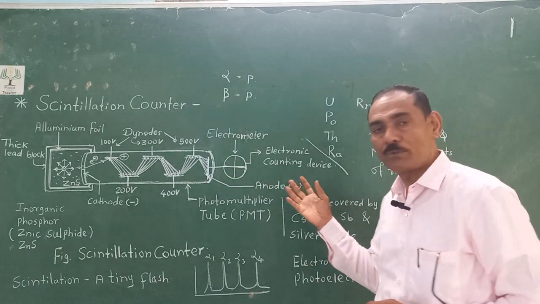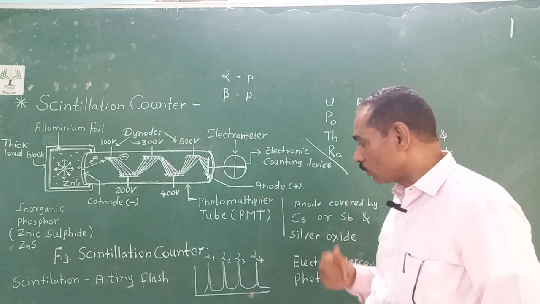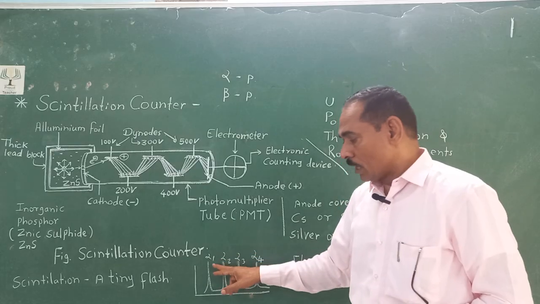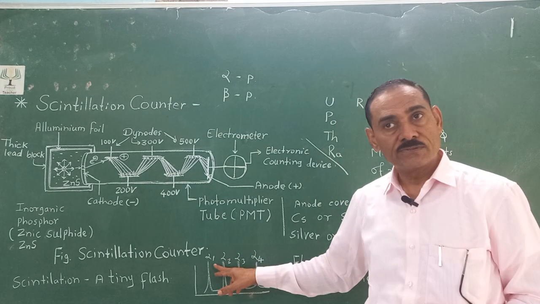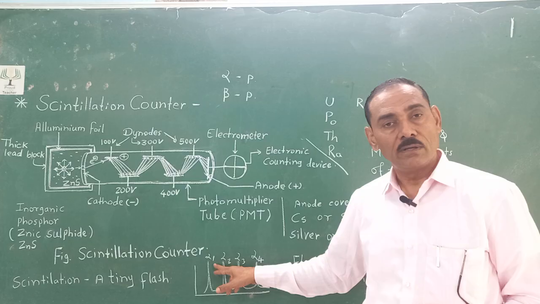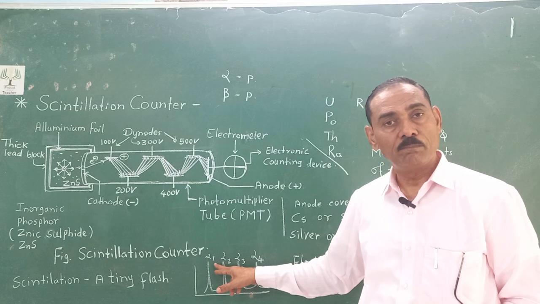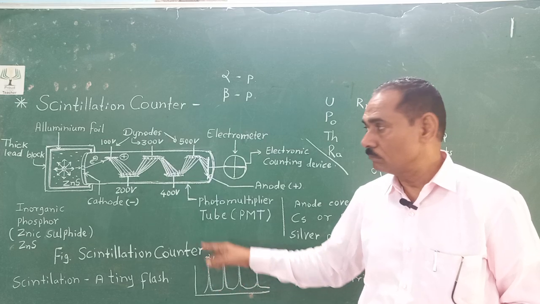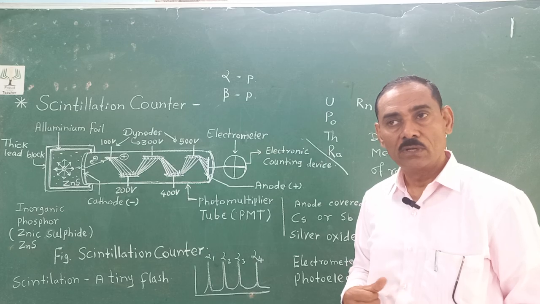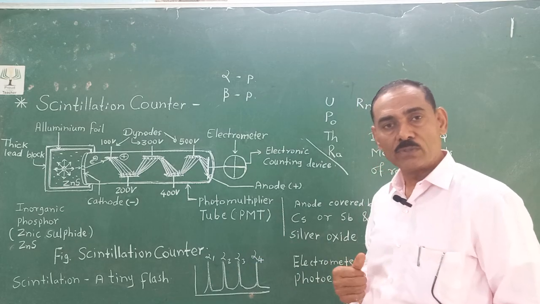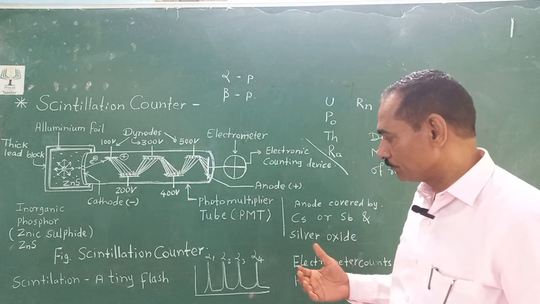By using the software, we may find out the alpha particles, their number emitting per second or per unit time from the radioactive sample source, or maybe the beta particles emitted from the sample source per unit time.